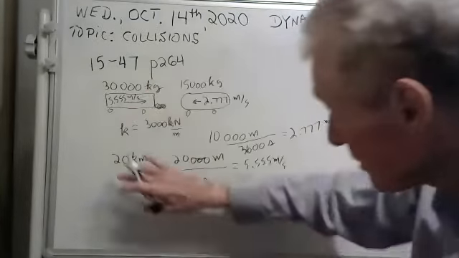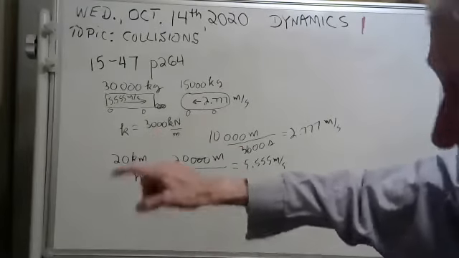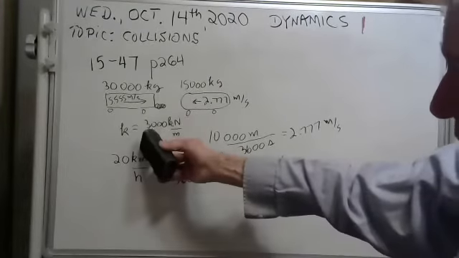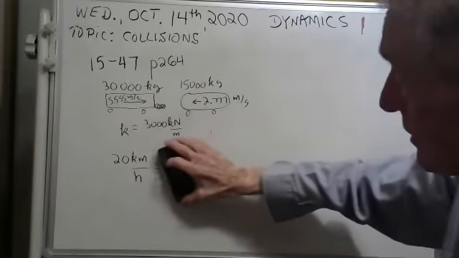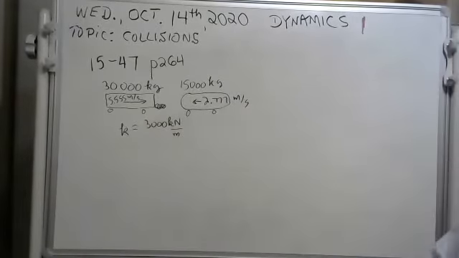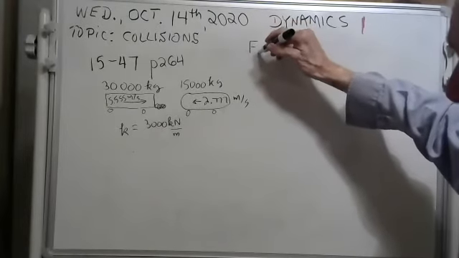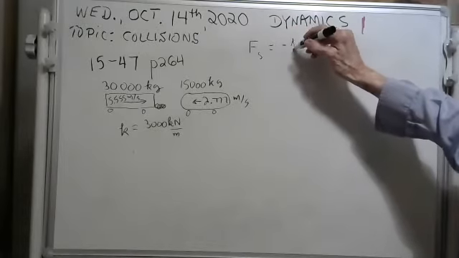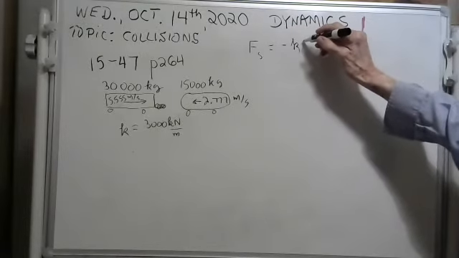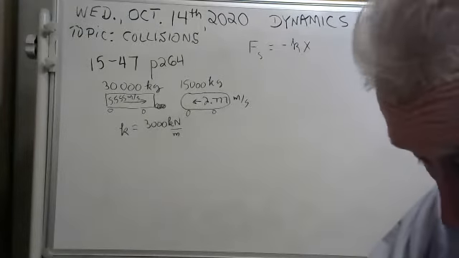Now I'm going to erase all this stuff here because I think we got that figured out pretty good. I better leave that spring constant, though. To refresh your memory about the spring constant, the force of a spring is equal, well, it's actually negative the spring constant times the deformation of the spring.